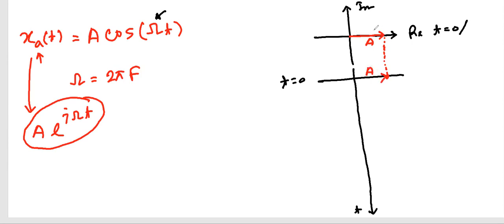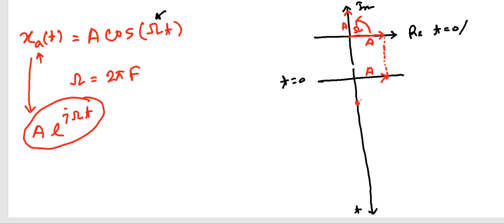If it moves in the anticlockwise direction with a frequency of omega, at a certain period of time it will move along the y-axis where the amplitude is still A. But what is the projection on the real axis? We find that it is exactly 0.